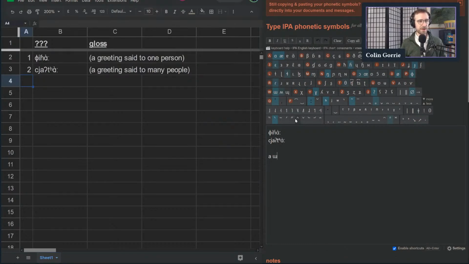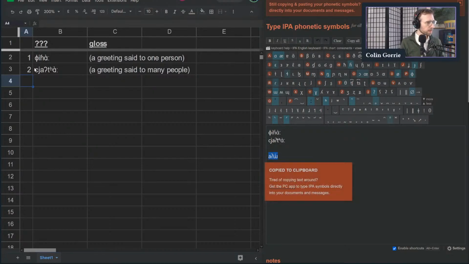This vowel seems higher in pitch, and I hear a glottal stop in between. Yeah. I'm fairly happy with that. So, name of the language.